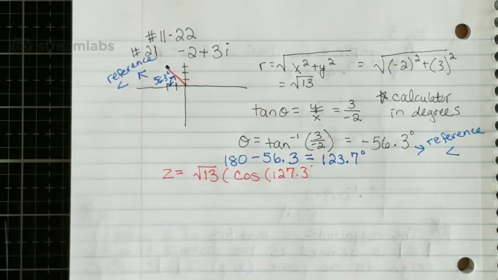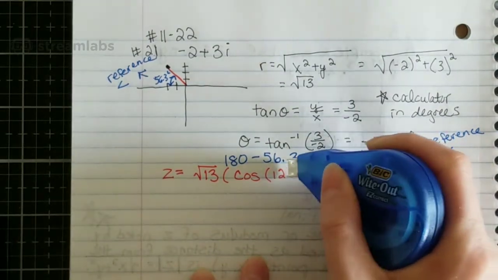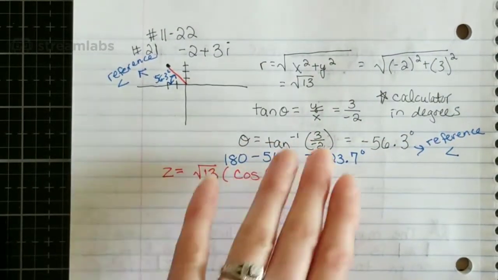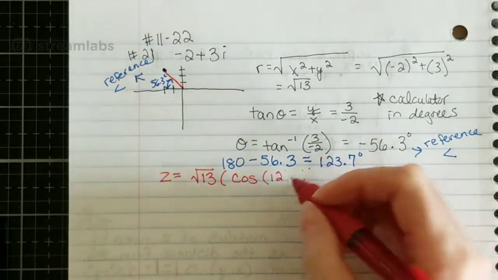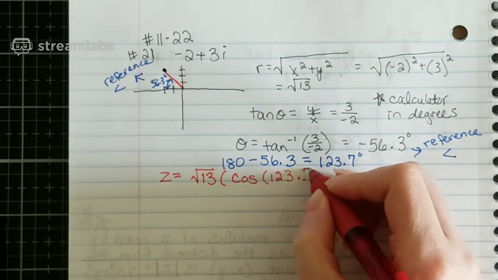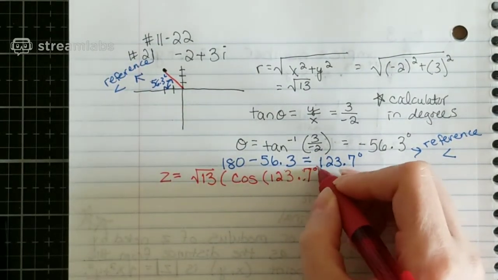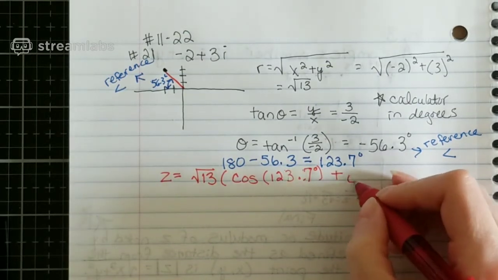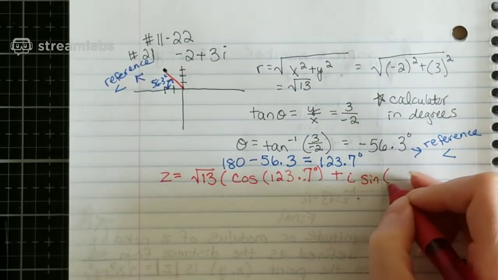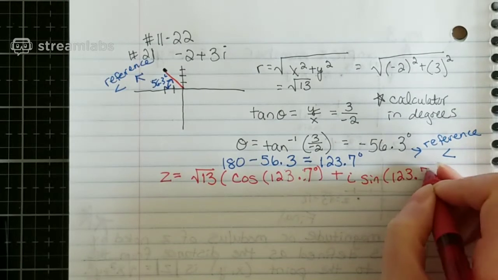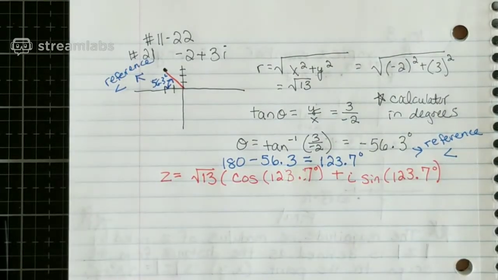Got the 3 and the 7 backwards, being a little dyslexic there. 123.7 plus i sine 123.7 degrees.